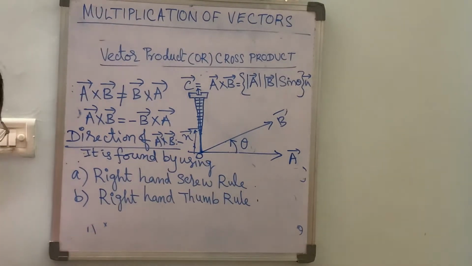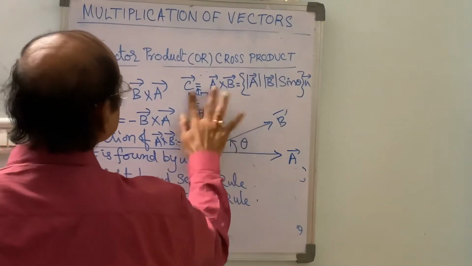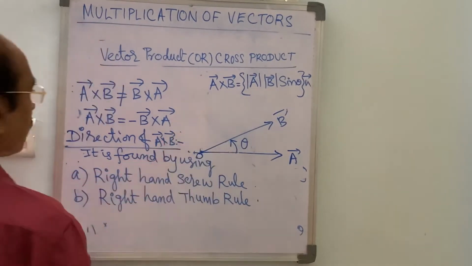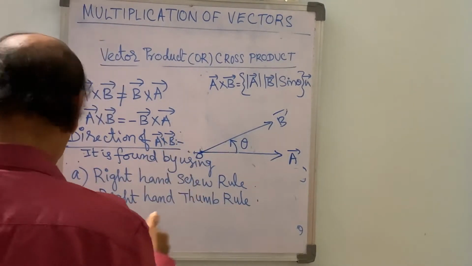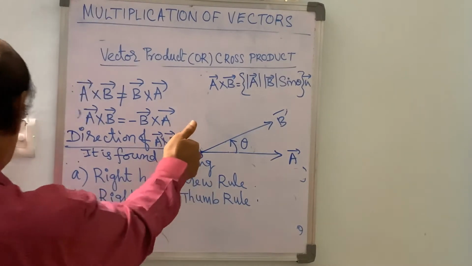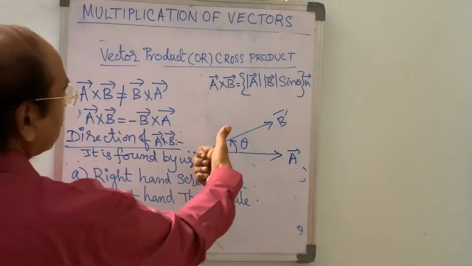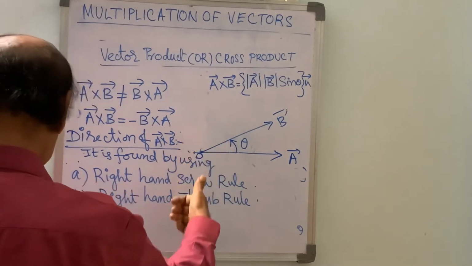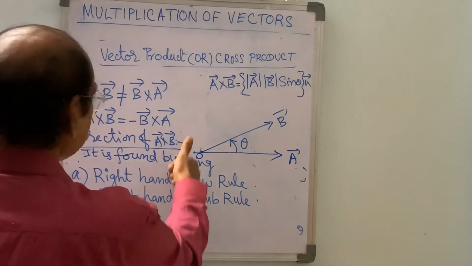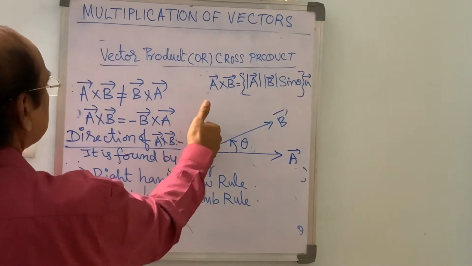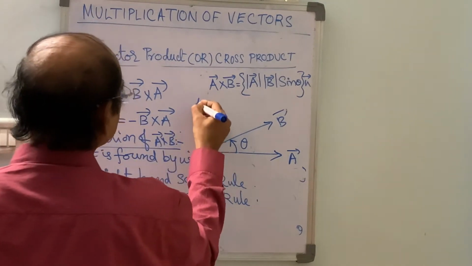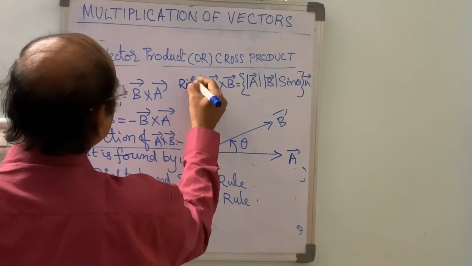Second one, right hand thumb rule. If we place the right hand like this, with a bar and b bar in the circular directions making an angle theta with a bar, then this right hand thumb shows the upward direction, in which the resultant lies.